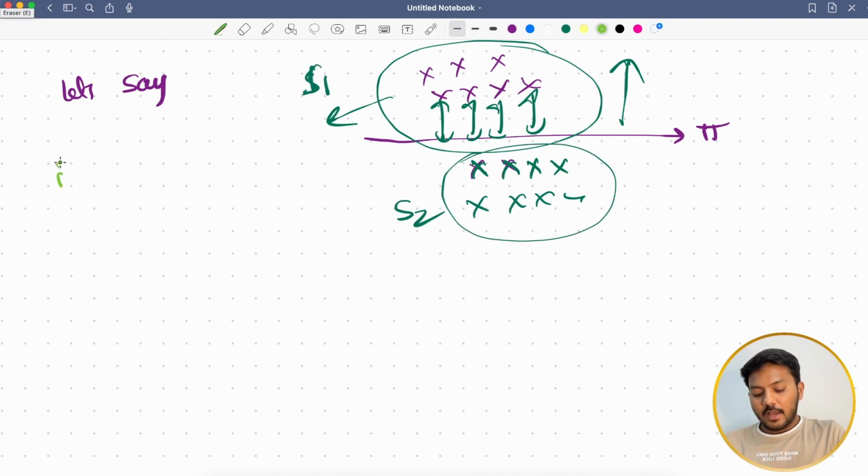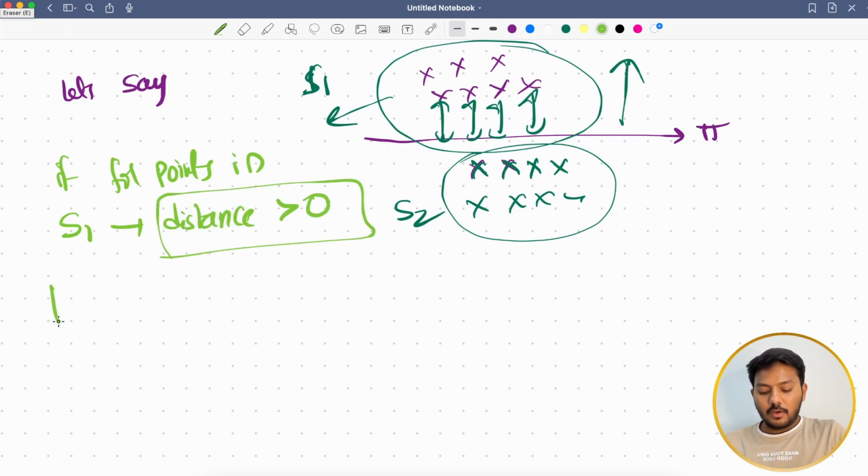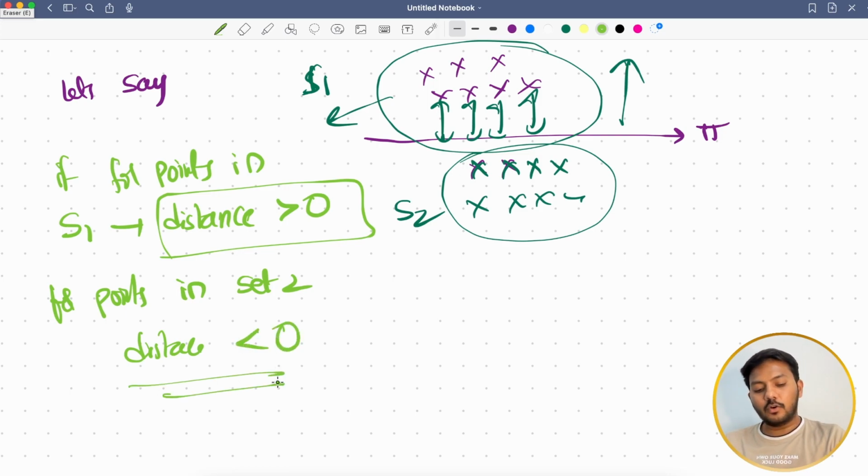So for points in set 1 the distance is always greater than 0, for points in set 2 the distance is always less than 0 if my perpendicular vector is something like this. Clear? So at a given plane we can compute the distance, and by measuring the positiveness or negativeness of the distance we can conclude whether the point is in this direction or in this direction of your given plane.